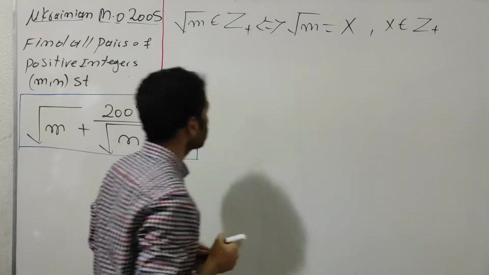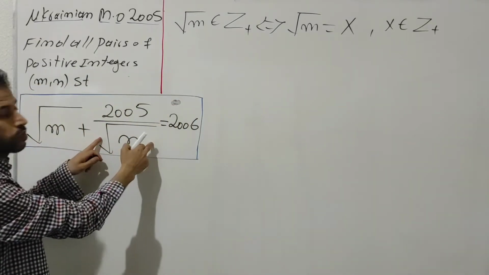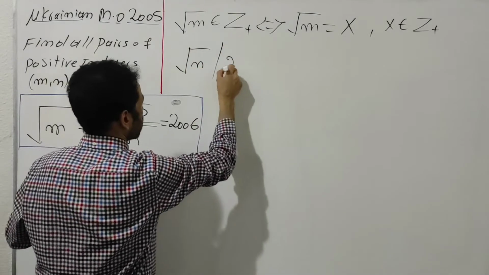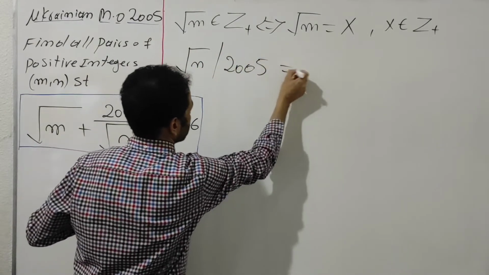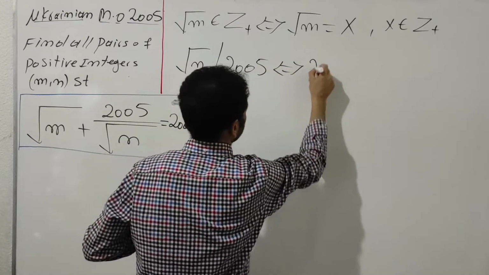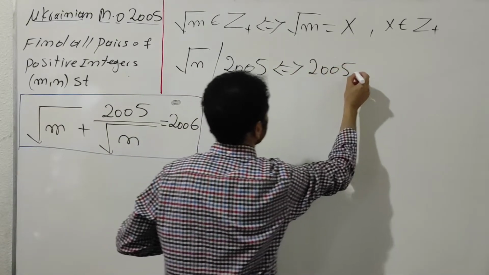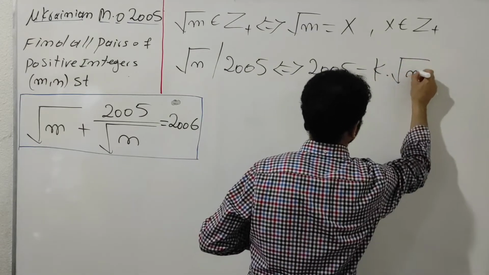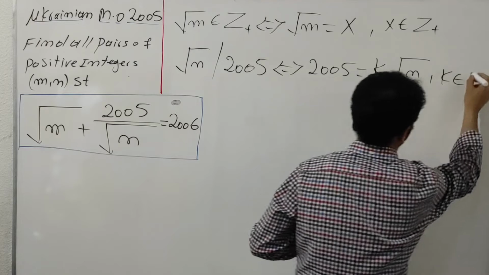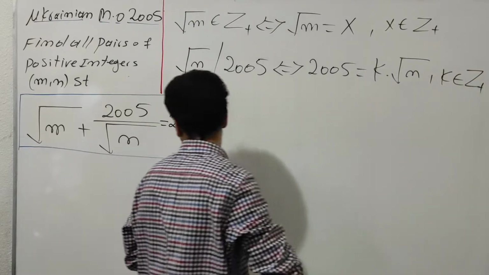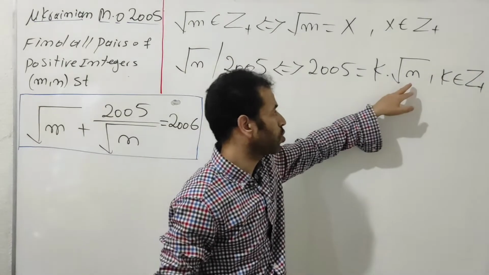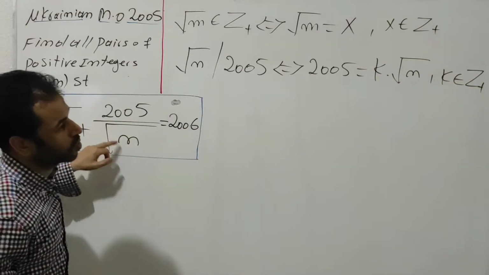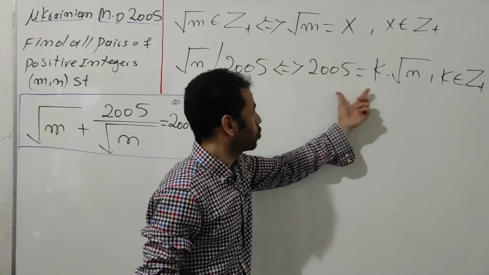Also this term, square root of n, must divide 2005, which is equivalent to 2005 equals k multiplied by square root of n, where k is some positive integer. So k must be different than 0, and also n must be different than 0 because n is located in the denominator.